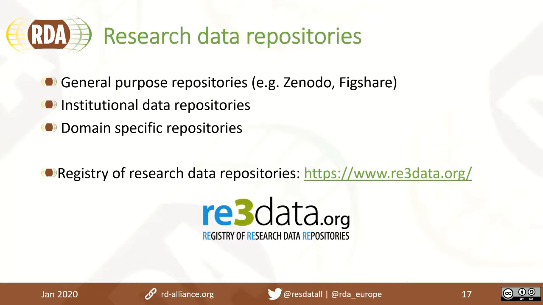So usually, experts in research data management recommend always using the domain-specific repository because it's specific for your domain and it has the metadata scheme that's most appropriate for your data. So it's better to use the domain-specific repository than the institutional one or the general one, because the institutional and general purpose ones usually have less rich metadata. So if there is a domain-specific repository for your field, you use that one.